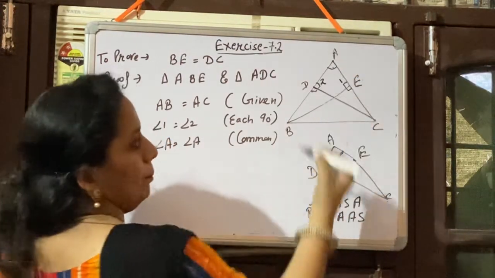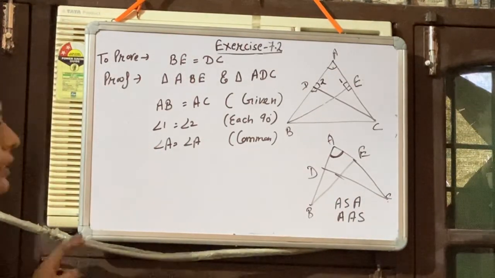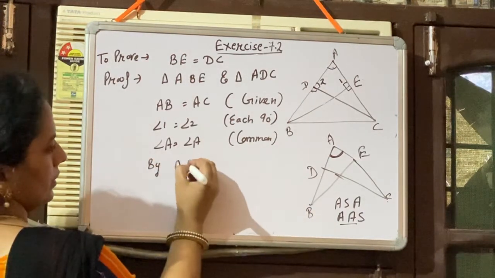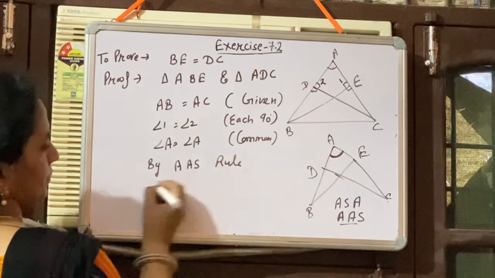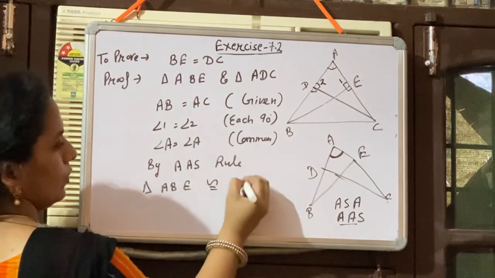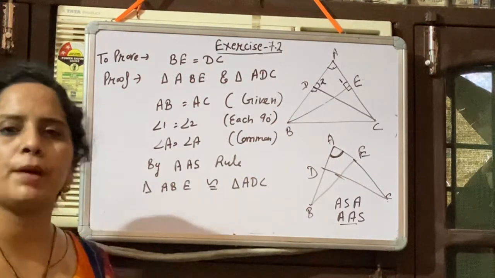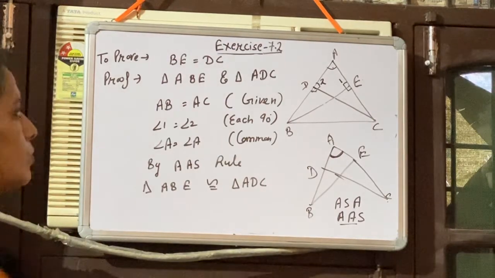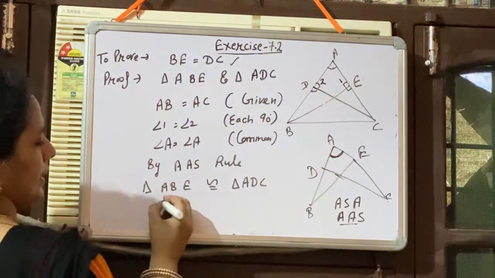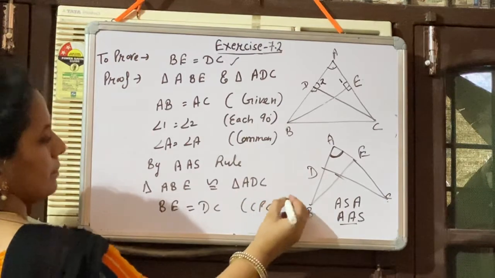In these two angles the side is not included between both of the angles. So we will choose here angle angle side. These two triangles are congruent. If these two triangles are congruent, then its remaining parts are equal. So we can say all of the parts are equal and we need here BE and DC. So BE is equal to DC by CPCT.